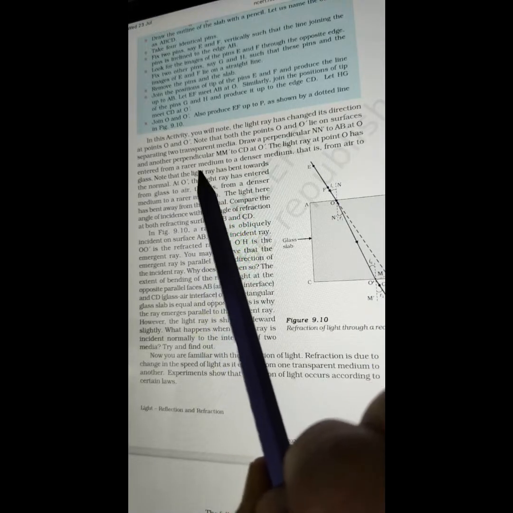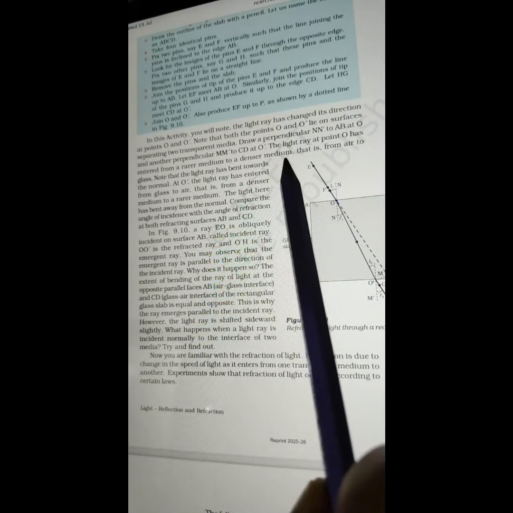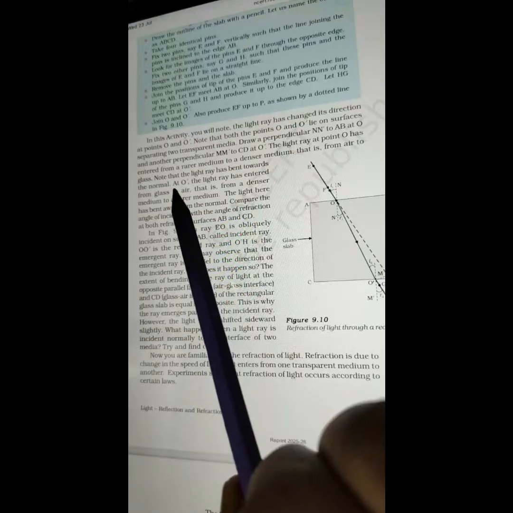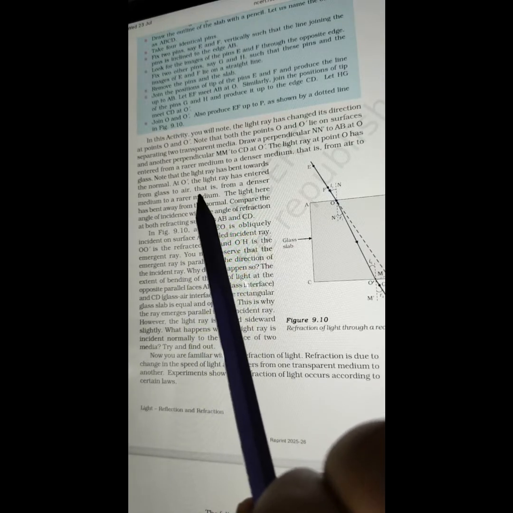The light ray at point O has entered from a rarer medium to a denser medium, that is, from air to the glass. Note that the light ray has bent towards the normal. At O dash, the light ray has entered from glass to air, that is, from a denser medium to a rarer medium. The light here has bent away from the normal.